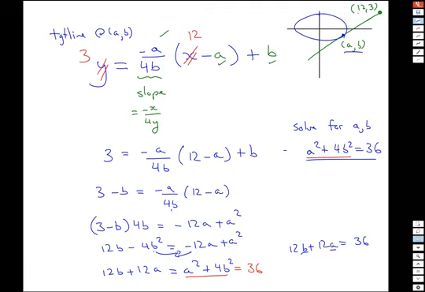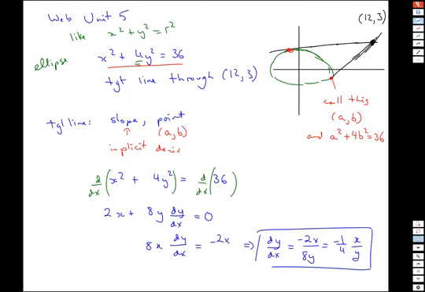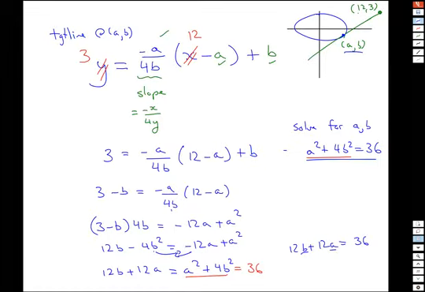Okay, I'm staring at this. Let me just make sure I got the actual formulas right here. 3. Yep, that works out. So what I'm thinking right now is one of the answers is right at the top of this ellipse at the point 0, 3, works like a charm.